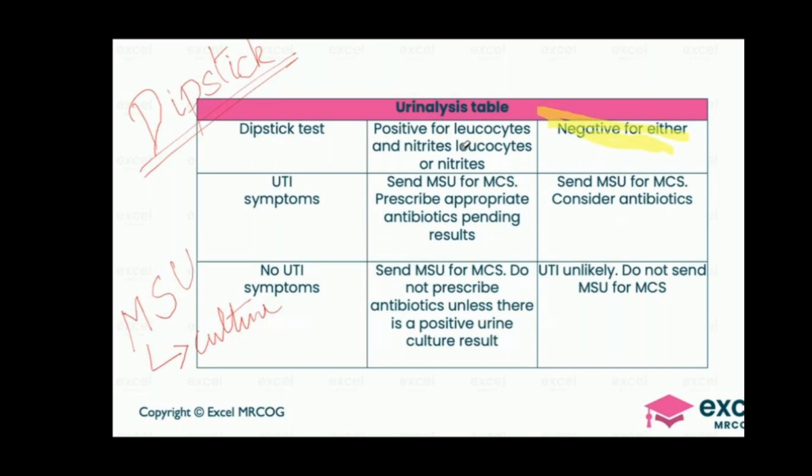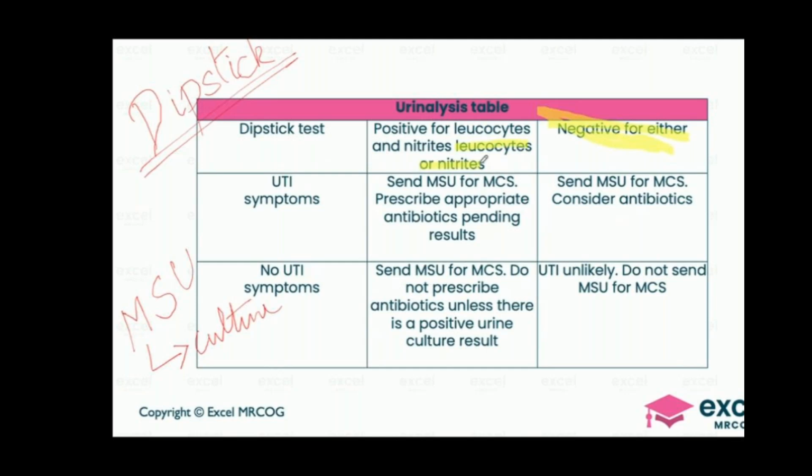Let me just change this, because this has been cut off. I think it was supposed to be here and it has come here. Let's cut this out. So it is negative for either leukocytes or nitrites. The leukocytes and nitrites is supposed to be in the third column.